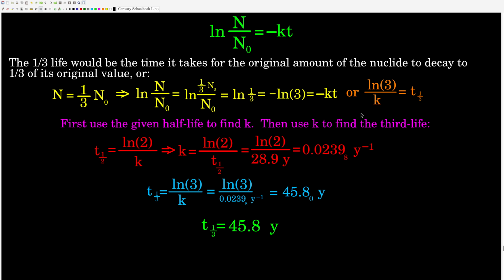Now we plug this into our equation we derived for the third life, and we get the third life is 45.8 years. And that makes sense, right? It takes longer to decay down to 1/3 of its original amount than it did to 1/2 of its original amount, which is the half-life.